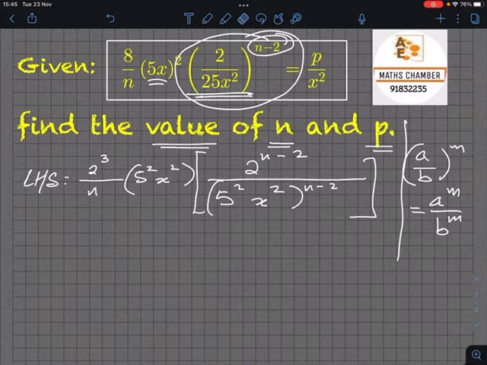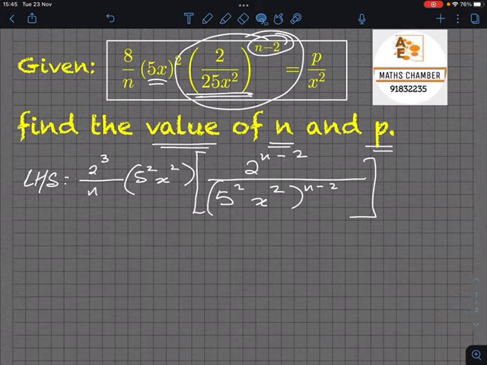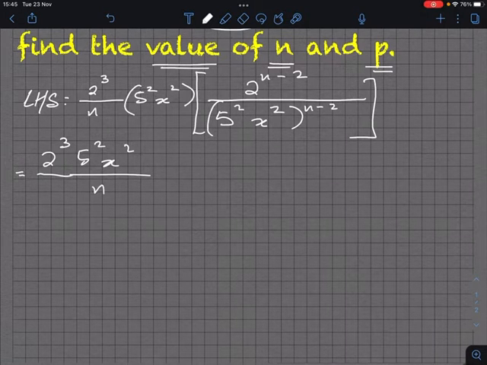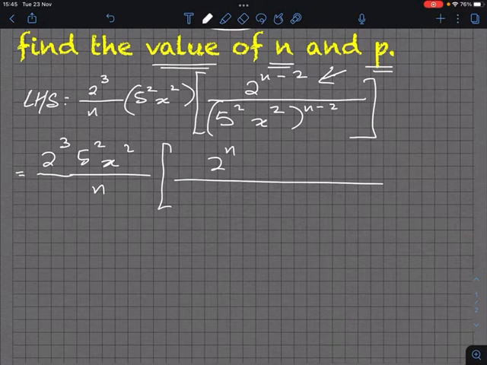Let's erase this one so it won't be so crowded and confuse us. Let's get on with our expansion of the expression. It's 2 cube, 5 square, x square over n, and the numerator is 2 to the power of n, split them up, multiplied by 2 to the power of negative 2n, 2 to the power of negative 2.